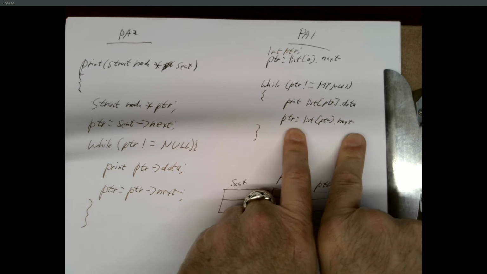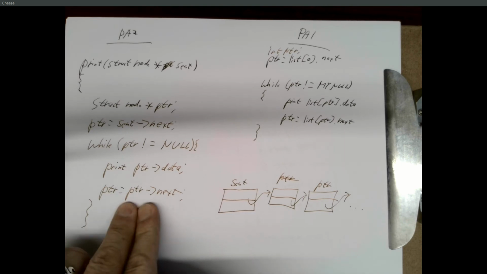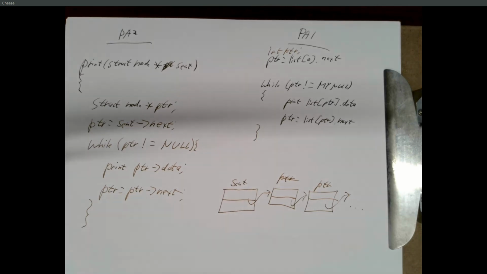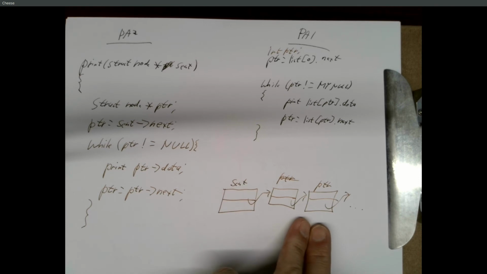This found the next field of the thing pointed to by PTR. This finds the next field of the thing pointed to by PTR. The algorithms should not have to change at all. Your add, your delete, your search, your print, this pseudocode, the algorithms for those should be identical for PA2. The only thing that changes is how you code up in C what you want to have happening on this picture. And it's a different language because now our sentinel node is an address in memory.